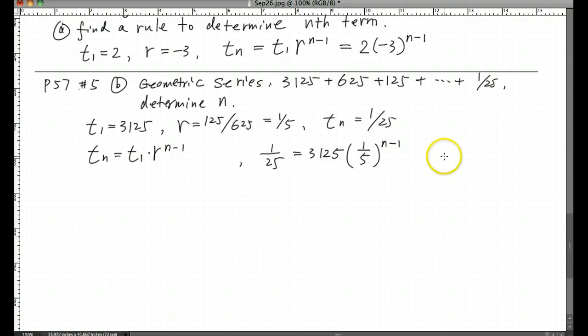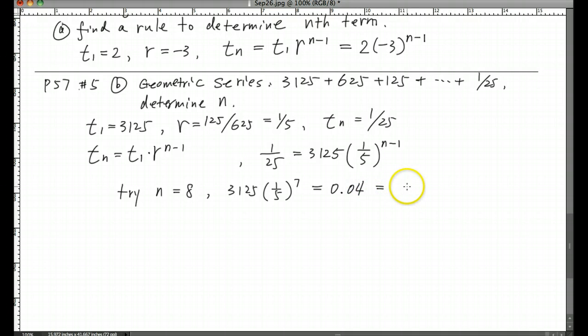So let's try n equals 8 and calculate 3125 times 1 over 5 to the 8 minus 1, which is the 7th power. Let's calculate this. If you calculate it, you're probably at 0.04 on your calculator, and that's exactly equal to 1 over 25.